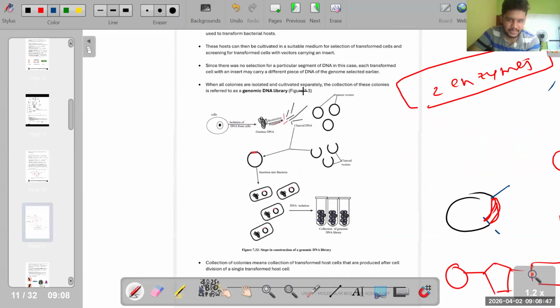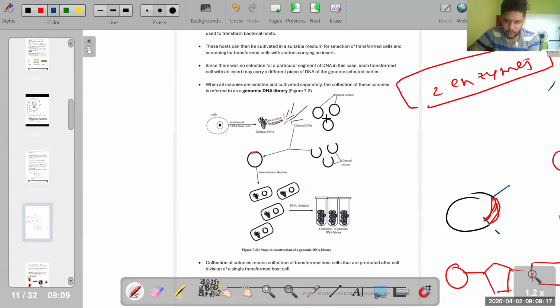DNA segments means genes. From where did we take these genes? Remember that polythene bag? What is that polythene bag? Genome, right? So from the genome, we took out these DNA segments.